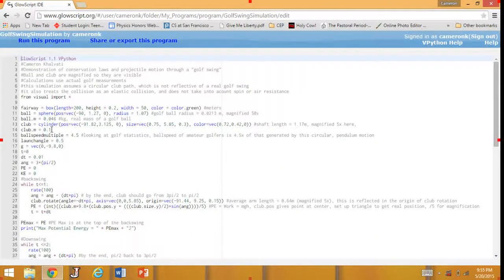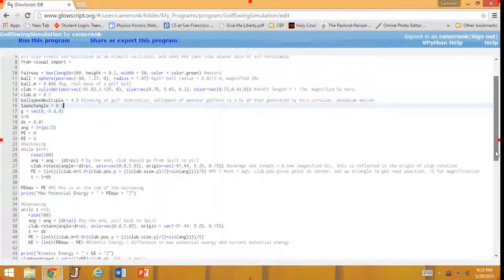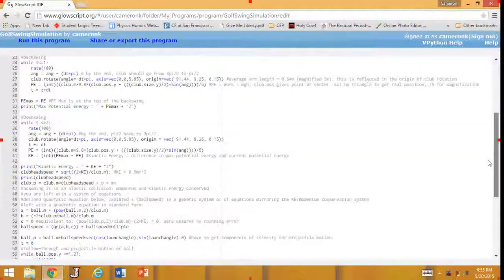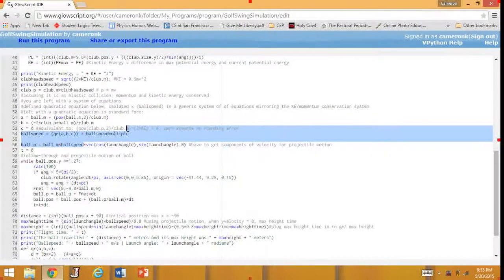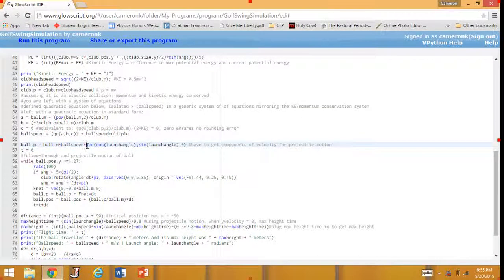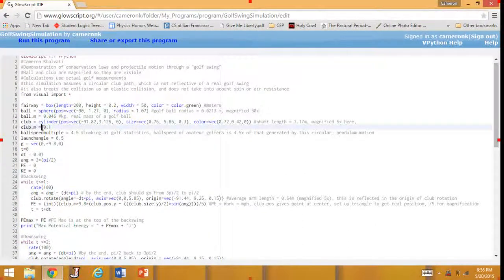And so you can change the mass of the club and the launch angle, which I forgot to mention earlier, but the launch angle is important because that is how you find the components of ball speed, which is important for projectile motion. Anyway, you can change these variables to alter ball flight.